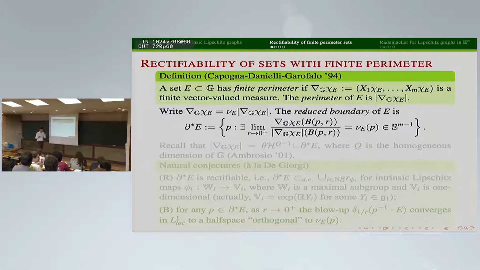The normal does not vary very much, okay? So we are selecting points where the measure theoretic normal is almost constant around the point.